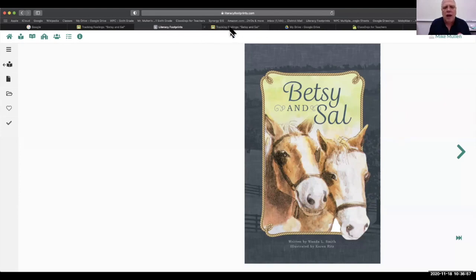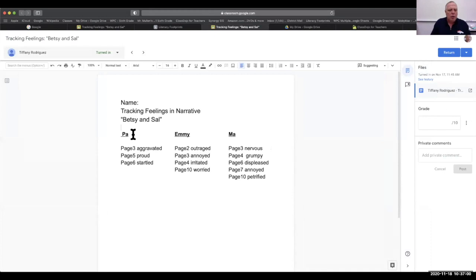And we were looking at 3 characters. We were looking at Pa, we were looking at Emmy, and we were looking at Ma. And this person did a fairly good job of going through. They could have added a little bit more to Pa, because Pa certainly at the end, page 10, everybody, we'll add that to him, page 10, everybody had some kind of strong feeling, right, at the end of the story.